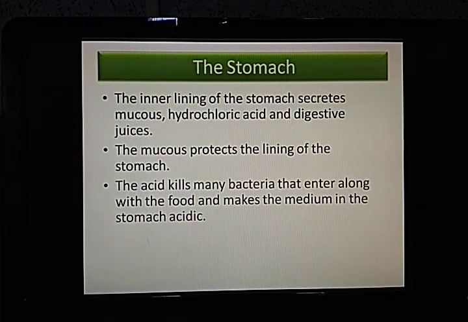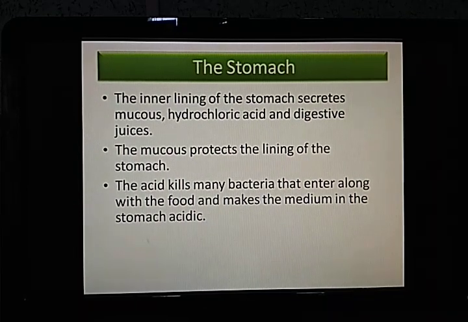Now the acid kills many bacteria that enter along with the food and makes the medium in the stomach acidic. This hydrochloric acid is very important not only for digestive purposes, but also it helps in killing bacteria. Even though we boil our food and eat it, there are still some bacteria present in the food. These bacteria finally get killed by this hydrochloric acid. And since it is hydrochloric acid, the medium inside our stomach is totally acidic in nature.